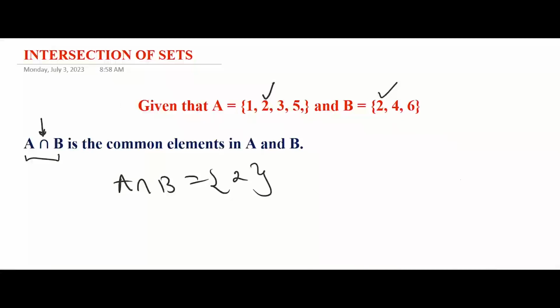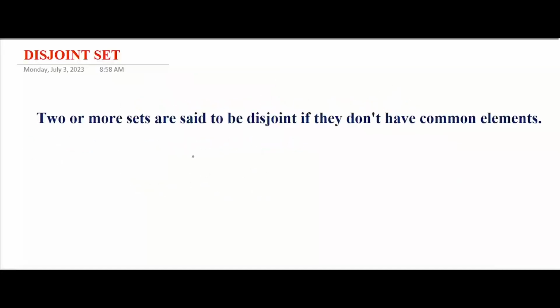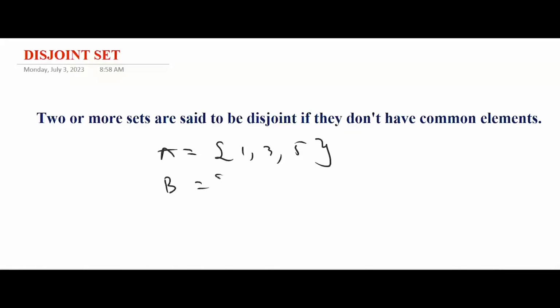The next one will be disjoint sets. 2 or more sets are said to be disjoint if they don't have common elements. Take for instance, you have set A equal to 1, 3 and 5, then you have set B equal to 2 and 4. In this case, A intersection B will be equal to an empty set. So that is a disjoint set, which means there is no common element.